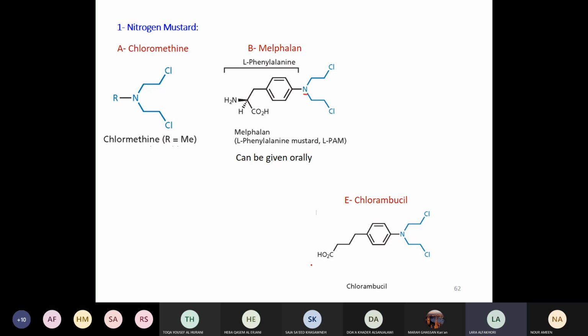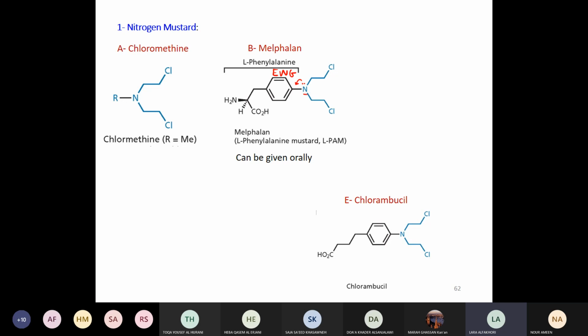I consider these benzene rings electron withdrawing groups via resonance, because this lone pair of electrons can now be shared with the benzene. So the rate of formation of the aziridinium ion will be less.